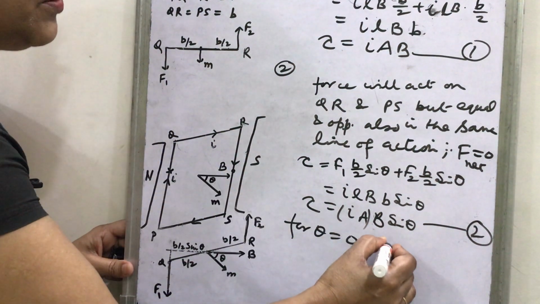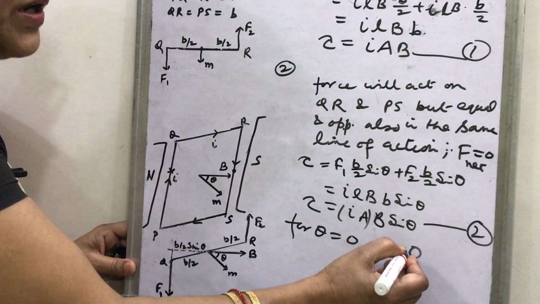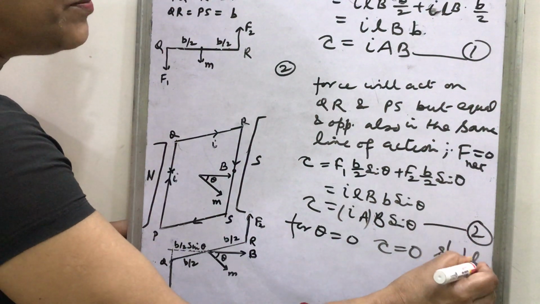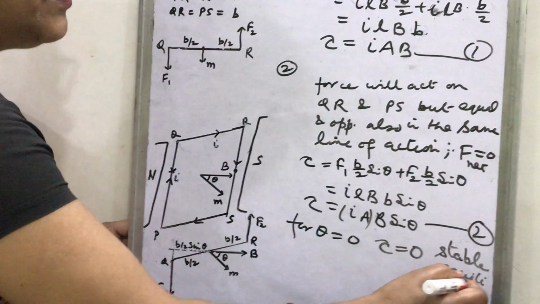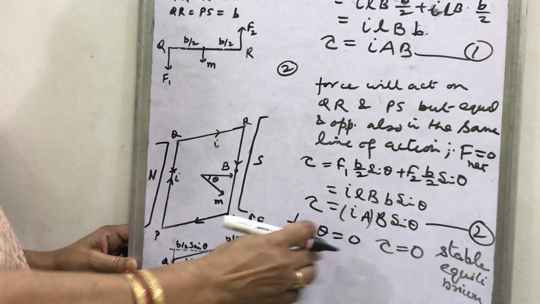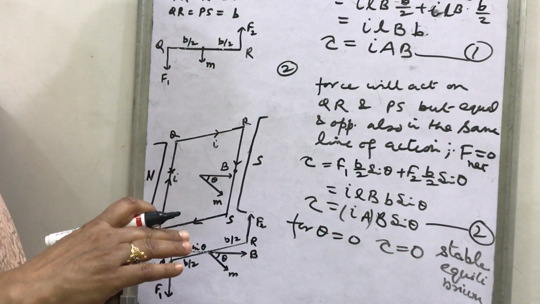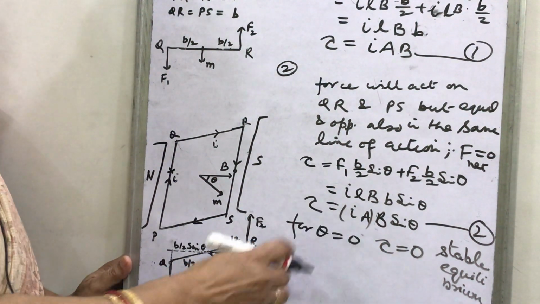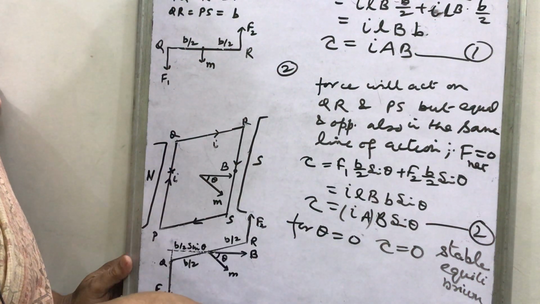So for theta 0, torque is 0, and you can say this is the stable equilibrium. When stable equilibrium, that means no torque acts on the current carrying loop. Also for theta 180 degree, the equilibrium is said to be unstable equilibrium.